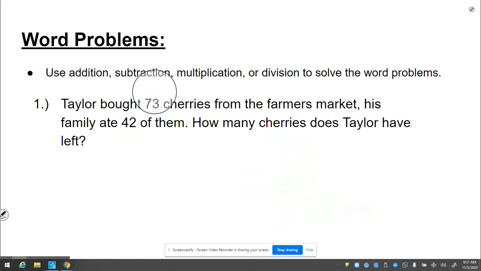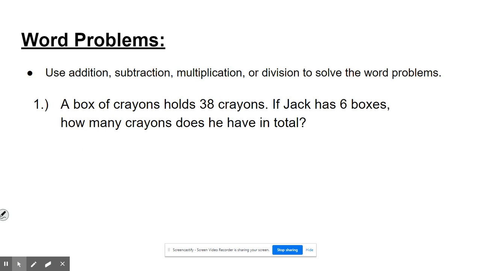And then we will do one more question here, and then that will be it for your second review video. So I want you to read this question and try to figure out if it's going to be adding, multiplying, or subtracting. And then once you figure that out, try and set your problem up and work through it.